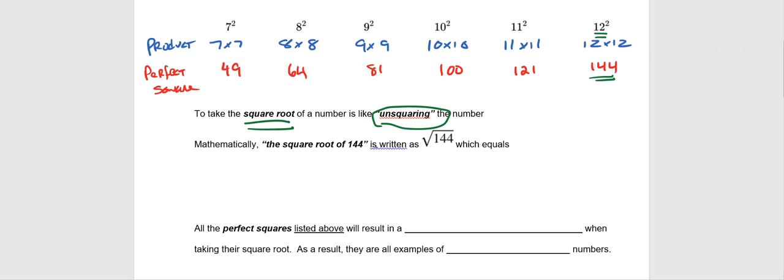So mathematically, the way we show a square root is with this symbol right here. It kind of looks like a long division house. And we read that as the square root of 144.